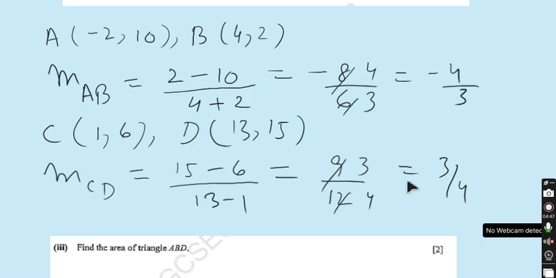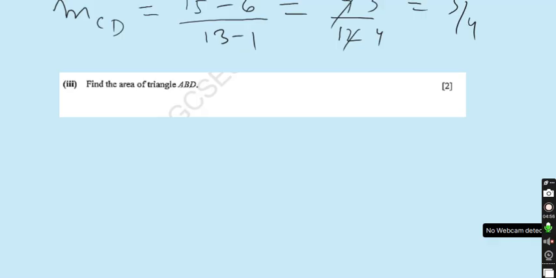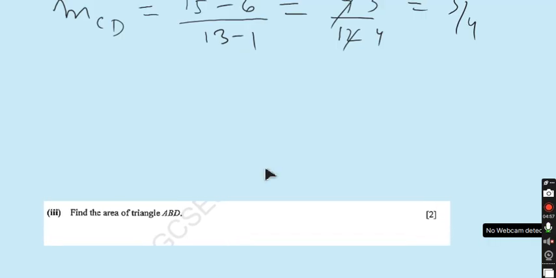In order to prove that line AB is perpendicular to line CD, we have to multiply both the gradients, gradient of AB multiplied by gradient of CD.